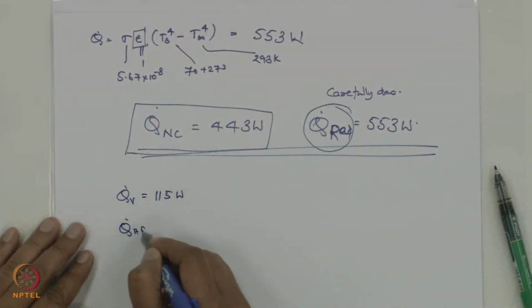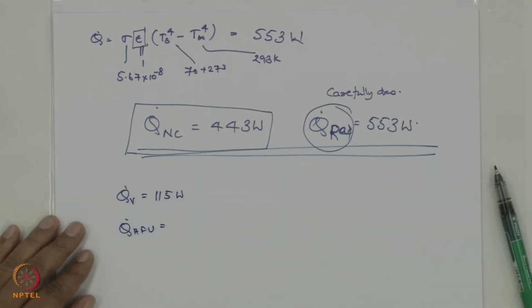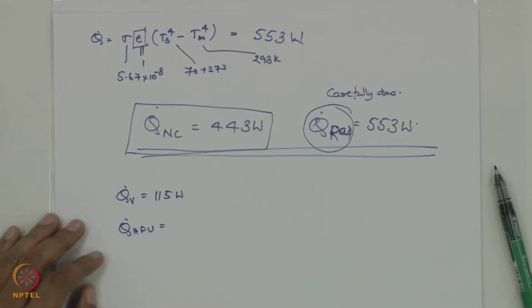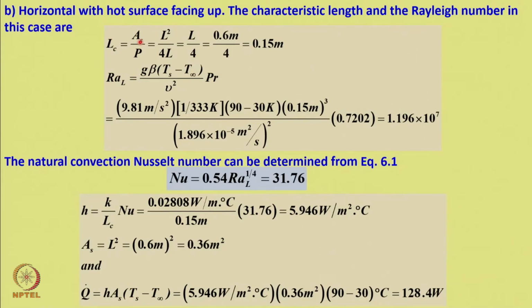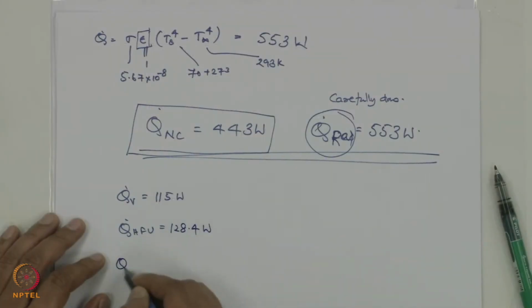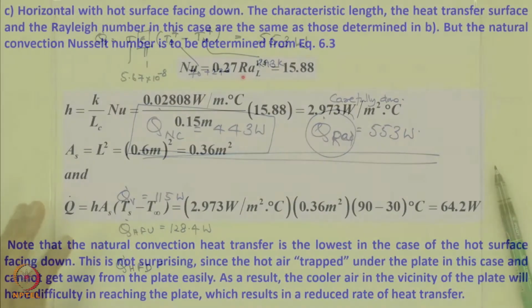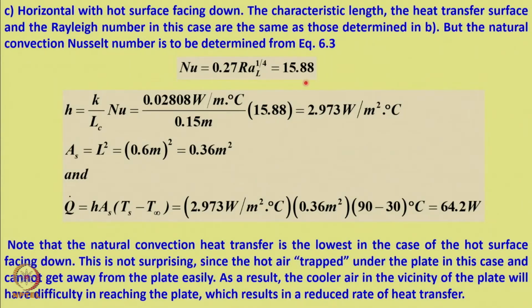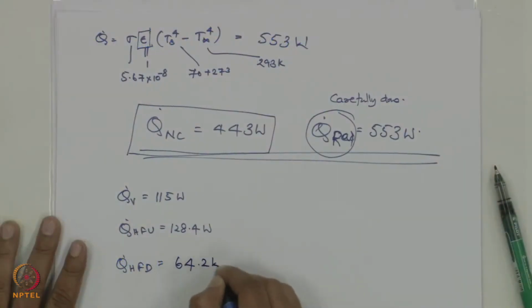For Q dot horizontal facing upwards, you take the characteristic length as surface area by perimeter, that is L by 4. If you take that as your characteristic length, you get Q dot as 128.4 watts. And for horizontal facing downwards, if you see the slide, the Nusselt number is 0.27 Rayleigh to the power of 1 by 4, and you get Q dot as 64.2 watts.